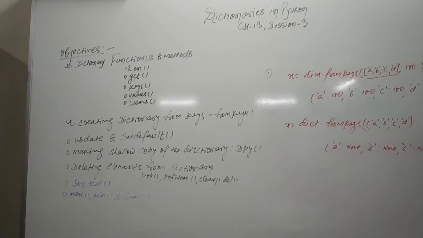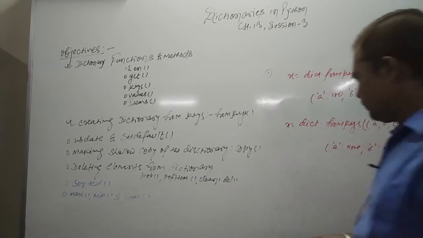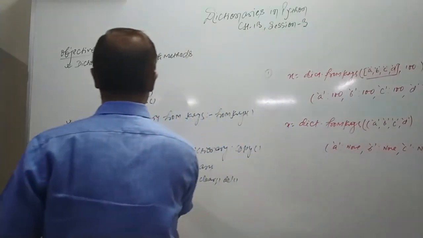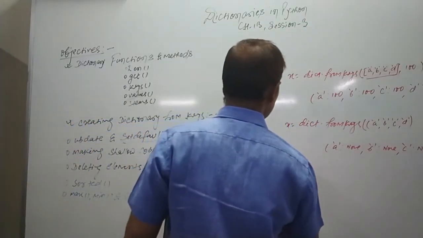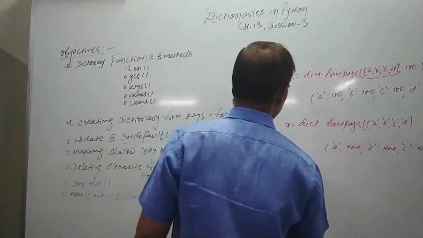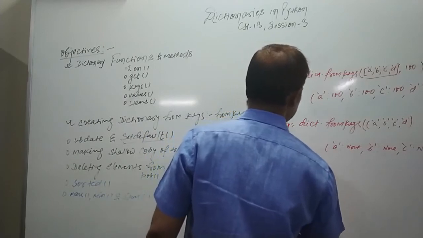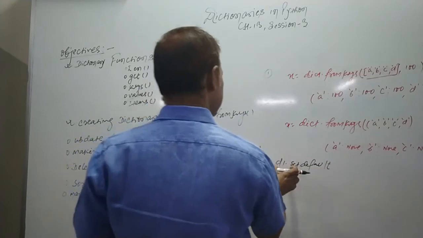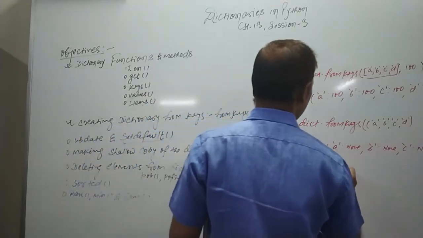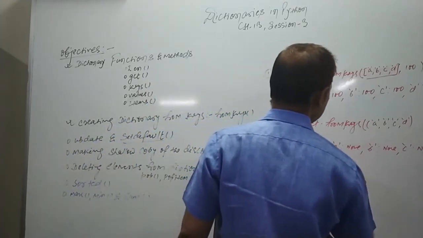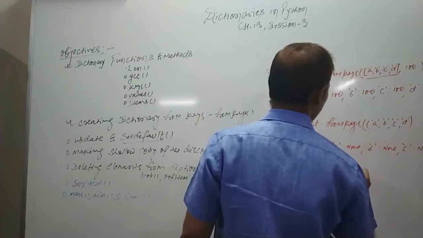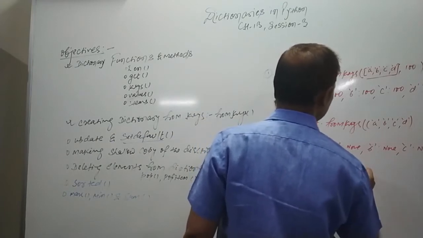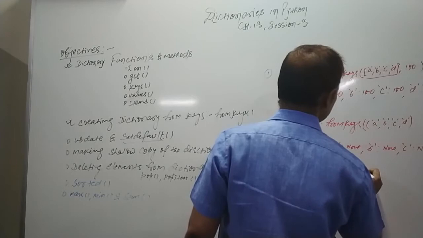Simply you can use dictionary.setdefault. To use this method we have to use d1.setdefault. Try to understand: d1 is a dictionary and setdefault, under the bracket, I can pass any parameters I want, like 5 and suppose 340.